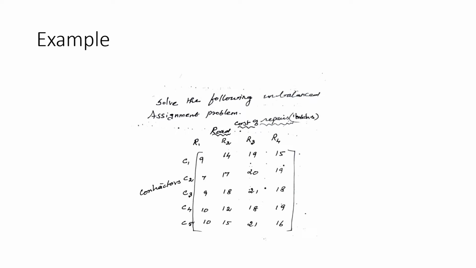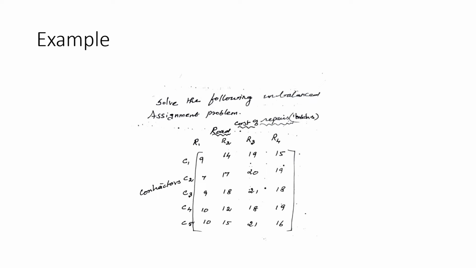C1 to C5 stand for contractors 1 to 5, and R1 to R4 stand for road numbers 1 to 4. The cost of repair in rupees in lakhs is given. We are going to solve and make the optimal assignment, that is, which road is assigned to which contractor.